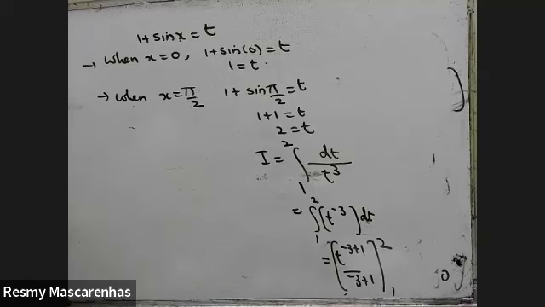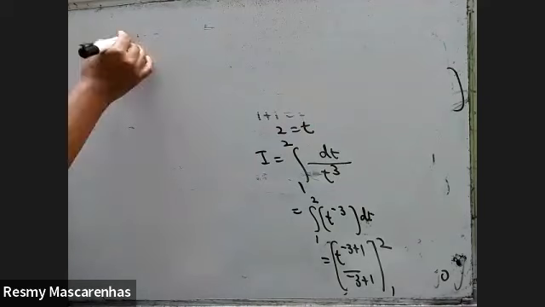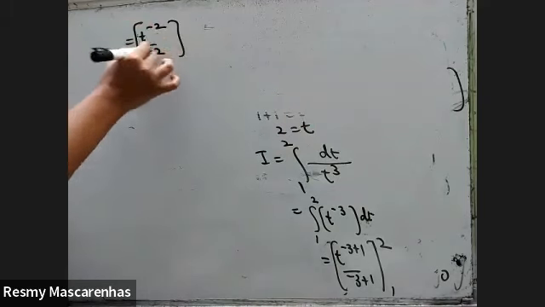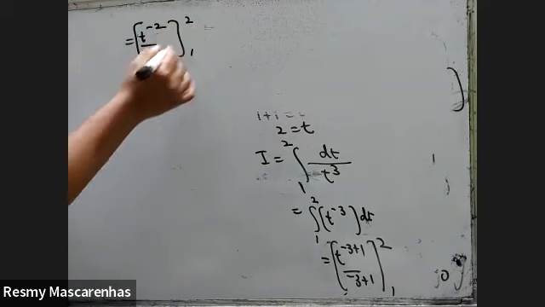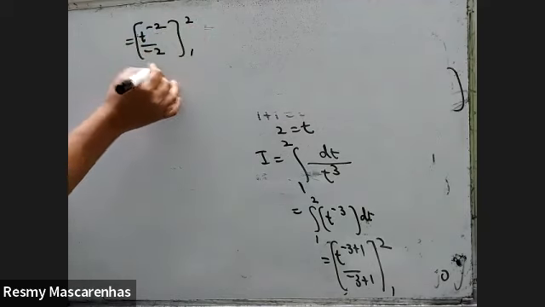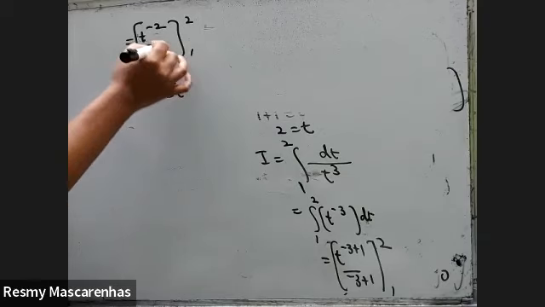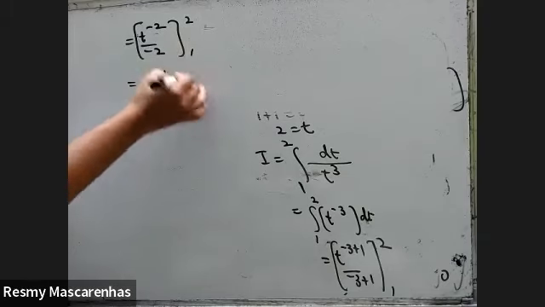Now solve and then substitute the higher limit and lower limit. So this will be t raised to minus 2 upon minus 2. Bring this down. It will become plus.